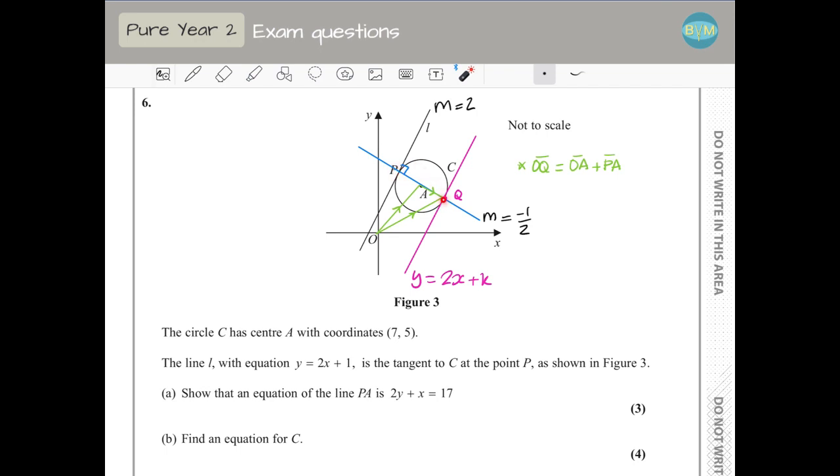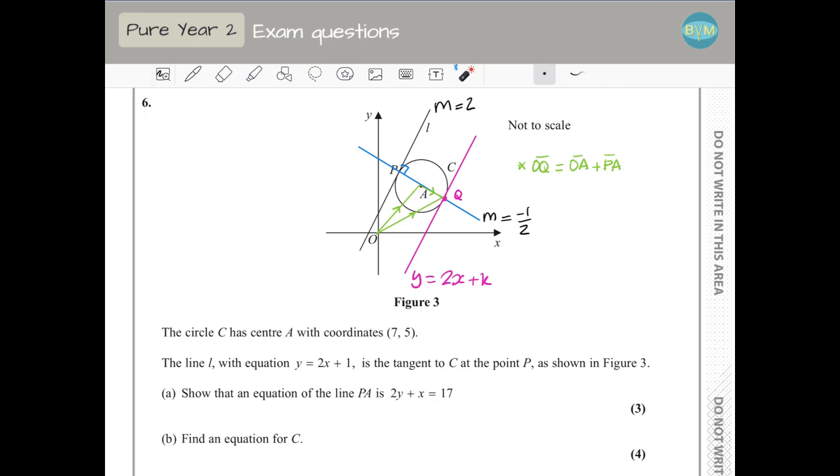Or you could try to find the intersection between this circle and this line, and you will find two points of intersection. But it becomes very long because you have the equation of the circle and a point in terms of k, so you cannot simplify many things and it becomes super long.